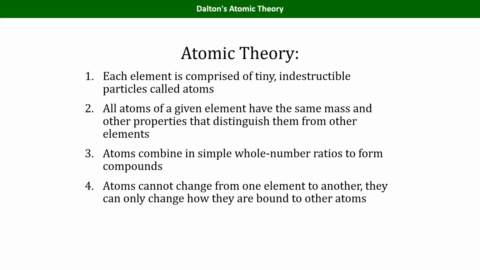All atoms of a given element have the same mass and other properties that distinguish them from other elements. Meaning that basically if it's a specific element, all pieces of that element look the same. These atoms combine in simple whole number ratios to form compounds. And you can't change one element to another element. You can only change how they're attached to other atoms.